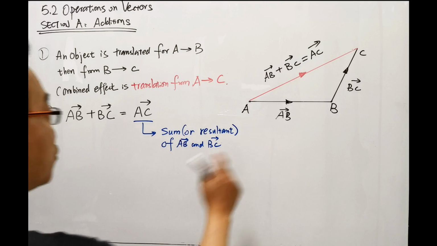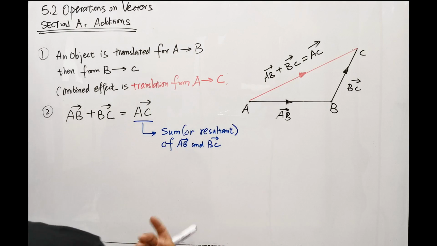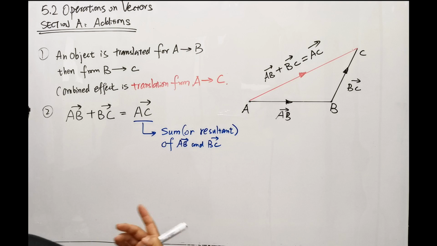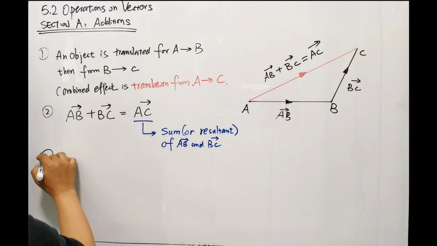So basically from these rules we can come up with a rule for AB plus BC. We give it a very important name.